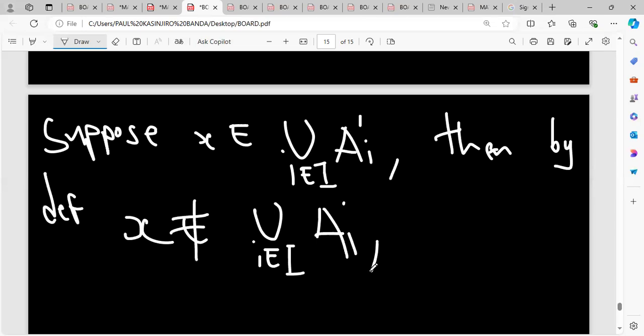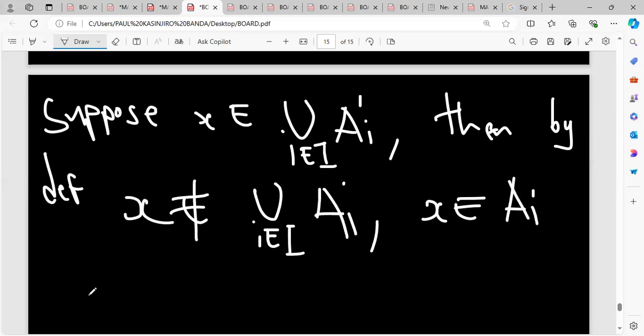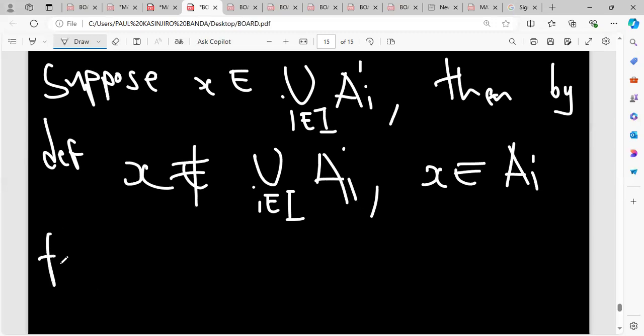So if it's not in the union of these, then what does it mean? It means that X is not a member of A_i for at least one i in this indexing set I, because this proof is starting from the intersection to the union, so you say for at least one.